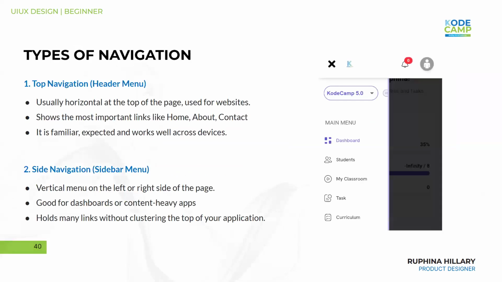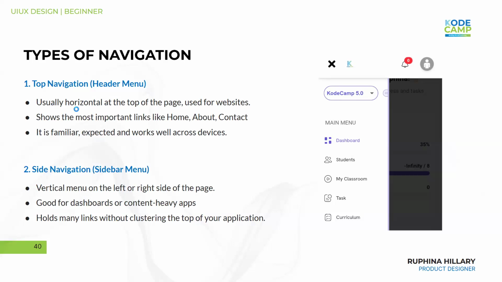So what are the types of navigation rather? We're very familiar with this. It's things that we have seen. If you have used a device, a digital application before, you should have seen this navigation system before. So the first one is the top navigation.